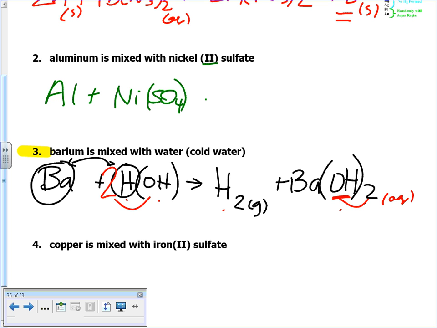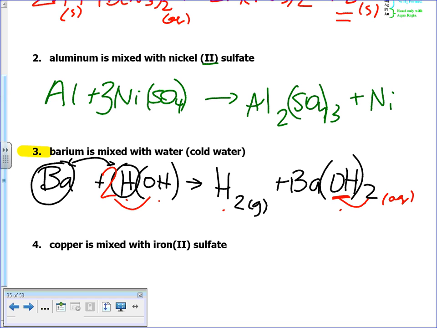Can aluminum replace nickel? Yes, because aluminum is higher, nickel is lower, so then what does it make? Al2(SO4)3, because aluminum has a 3 charge. Nickel solid. Okay, so that did happen, and we need to balance by putting a 3 here, and a 2 here, and a 3 here.